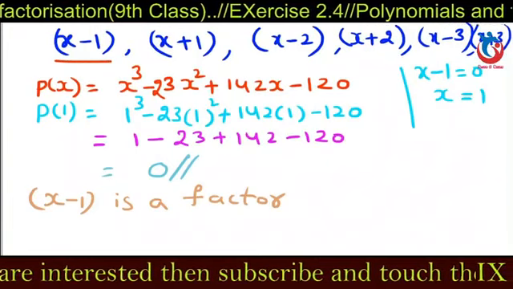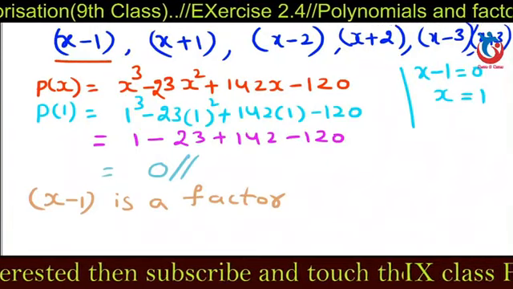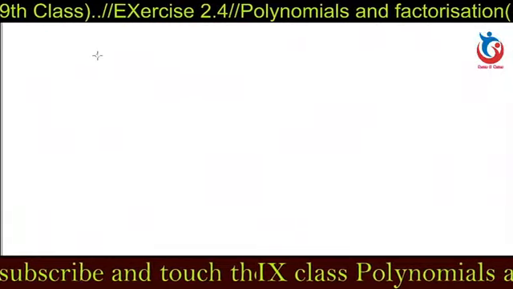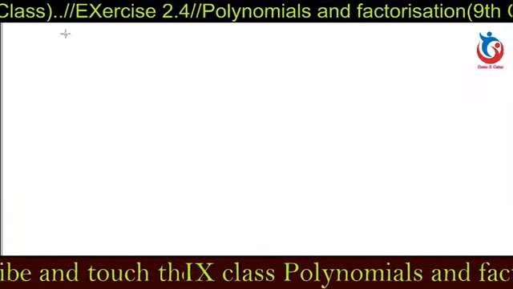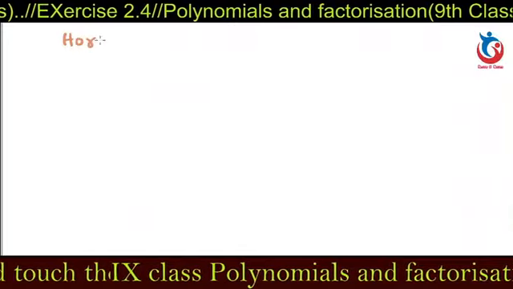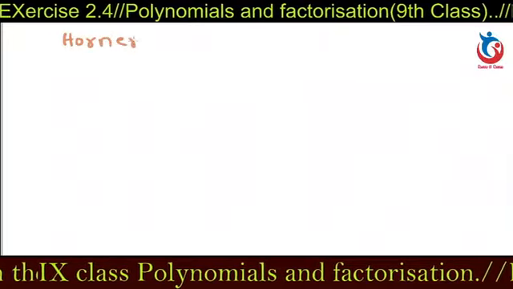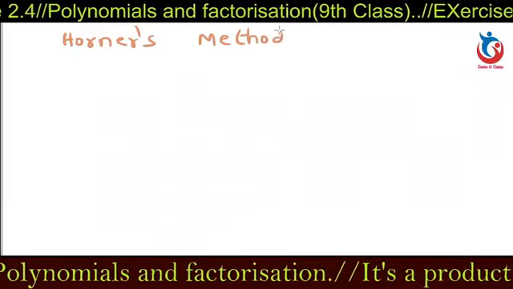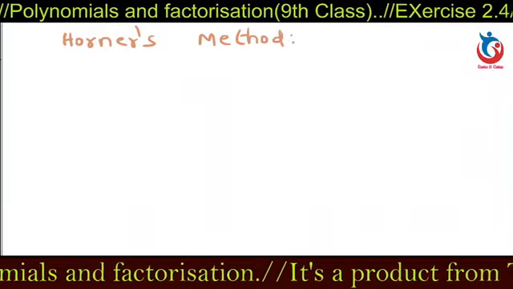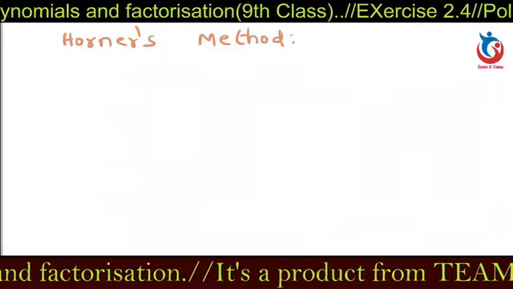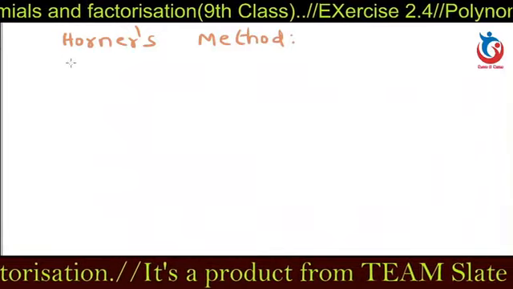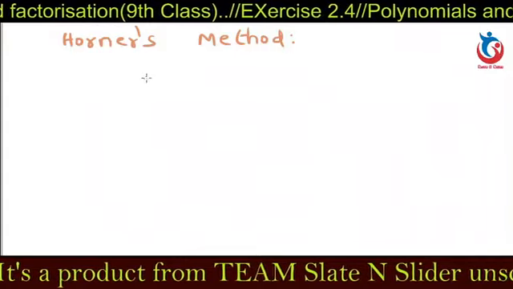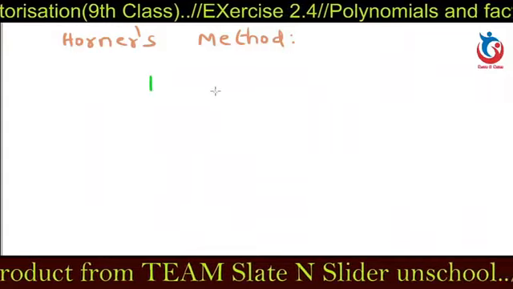So for that, what we have to do? Same, write the coefficients of the polynomial. So we'll use Horner's method. Write the coefficients: the first coefficient is 1, and leave some space.